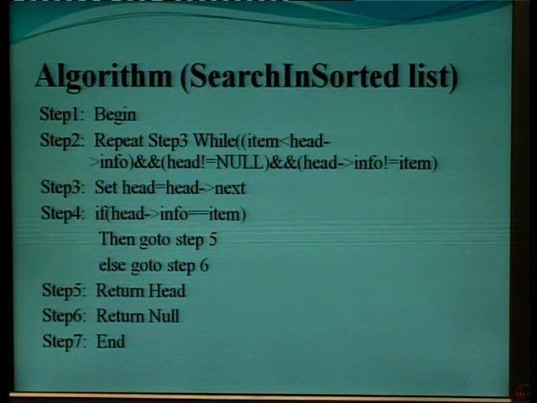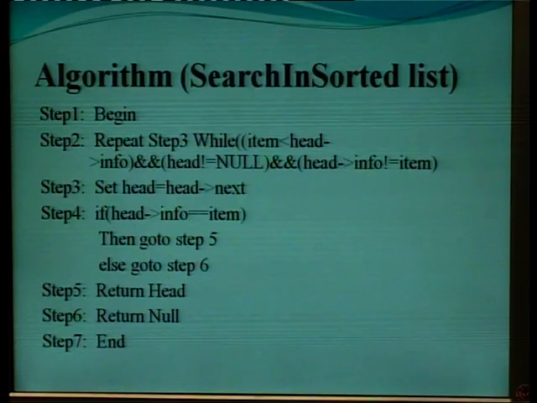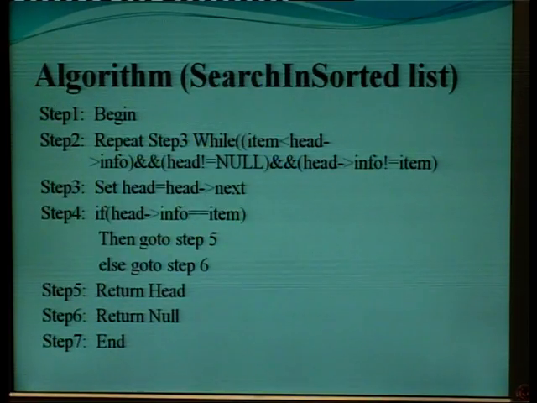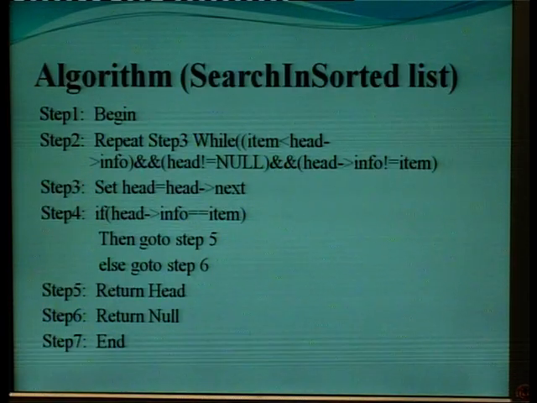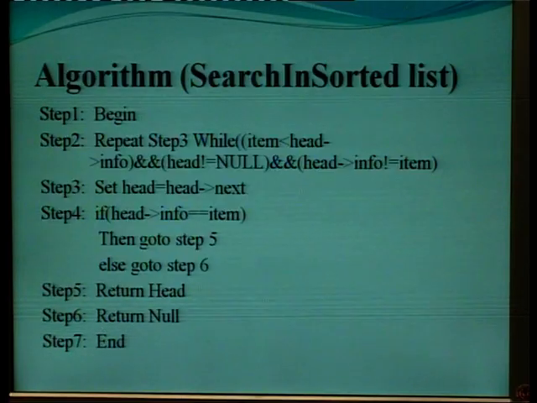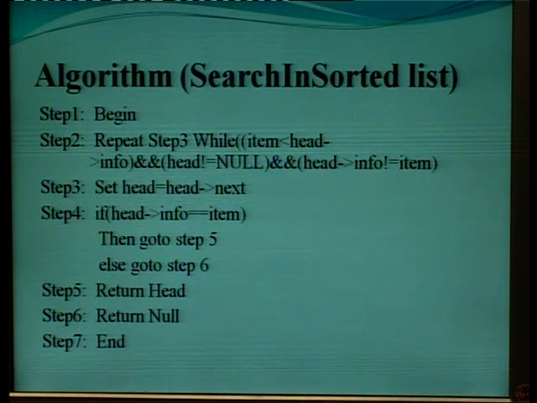So it starts with begin. Step 2 says repeat step 3 while head is not equal to null and head information is not equal to item. In step 3, we change the head pointer to the next node.